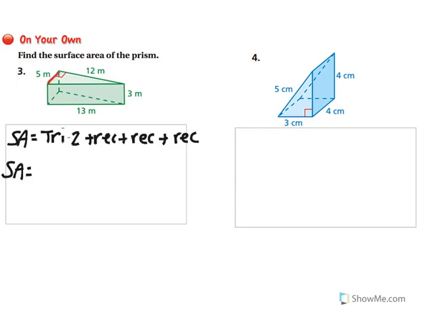We have 5 by 12 right here. So I'm going to do 1/2 times 5 times 12, and then times 2, since there are 2 of them. And then plus, for my first rectangle, over here, I have 13 by 3.